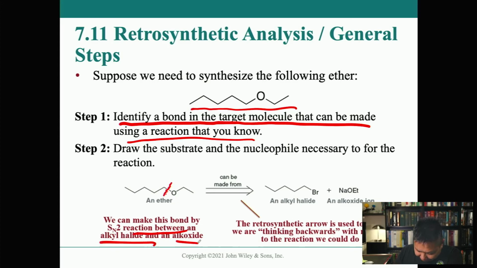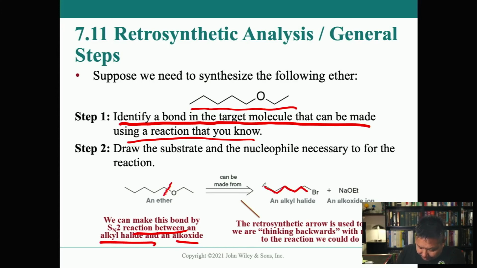So here's the alkyl halide right here, 5-bromopentane, and then sodium methoxide. And you know you could do this because it's a substitution reaction.